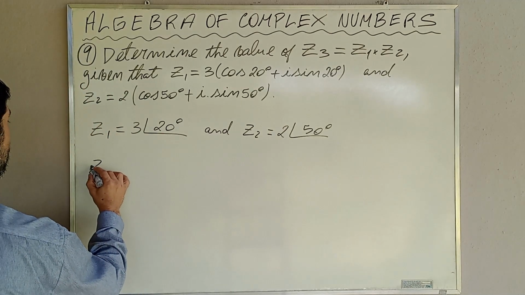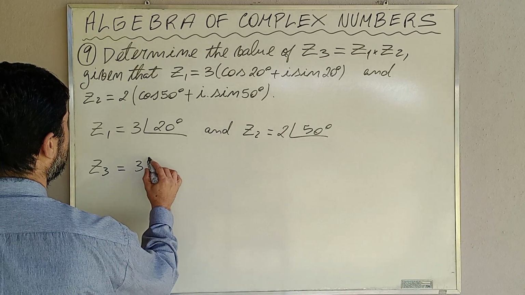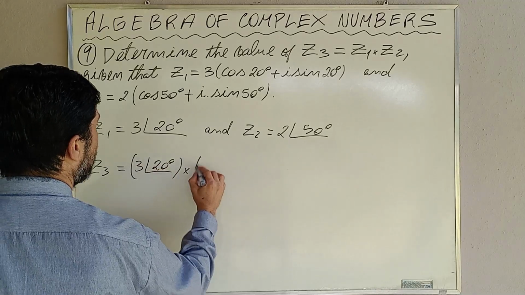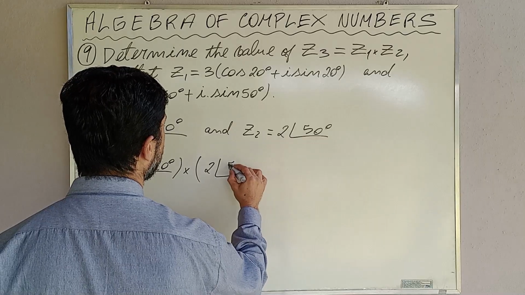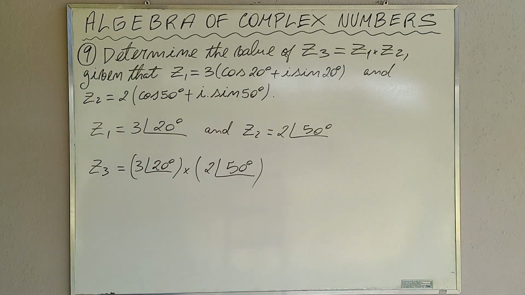z3 is equal to z1 times z2. Observe this operation.